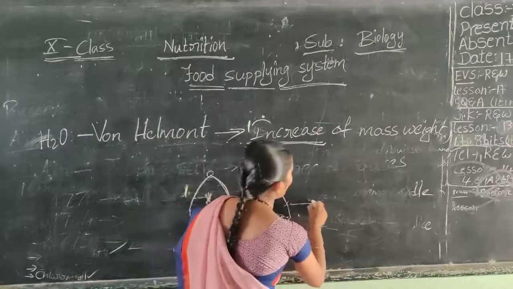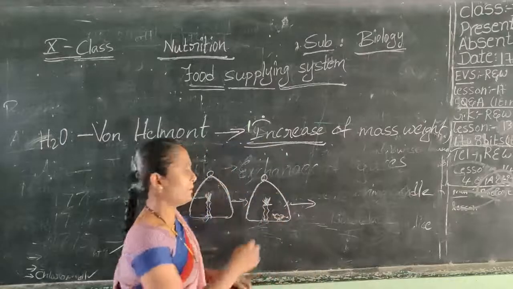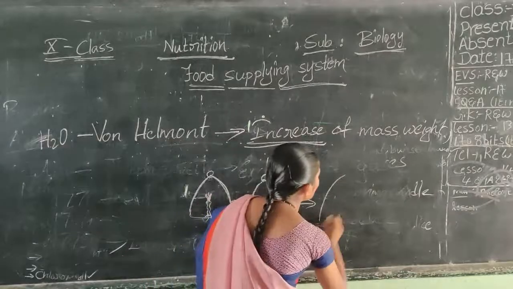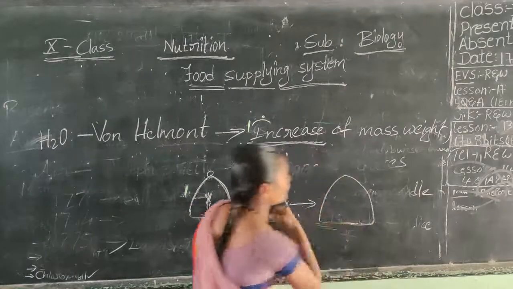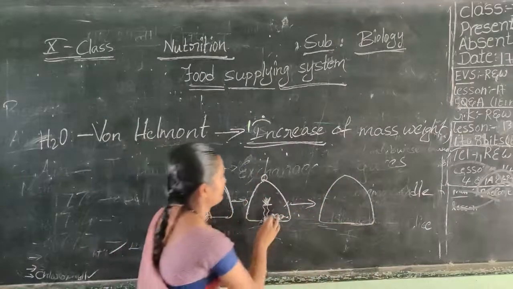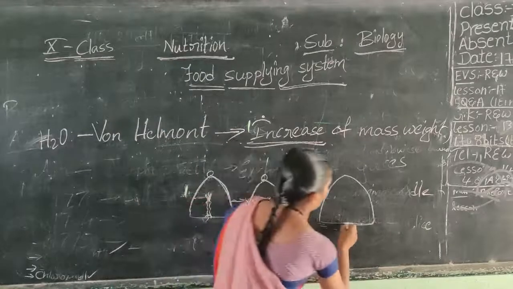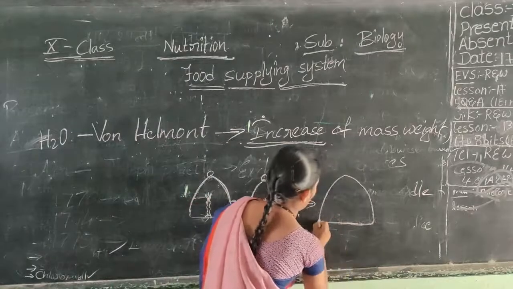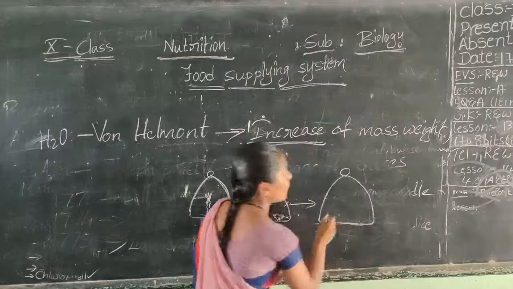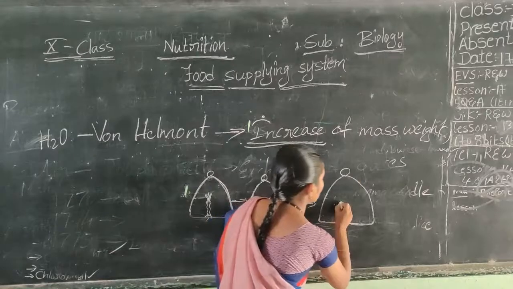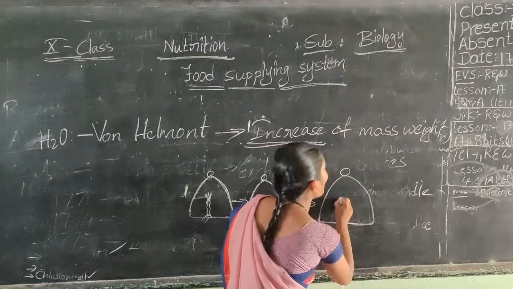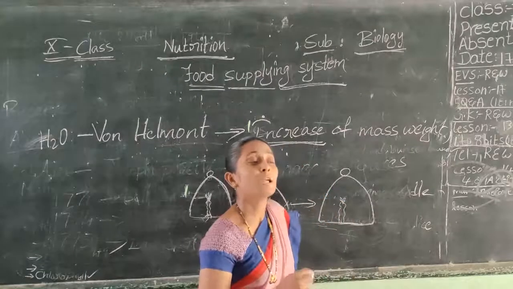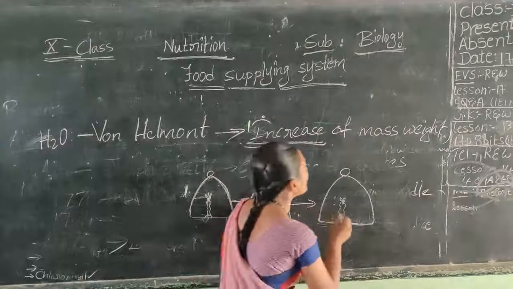Then he did one more experiment. He took one more bell jar, and inside the bell jar he kept a burning candle and a mouse, along with a potted plant, that is a mint plant.